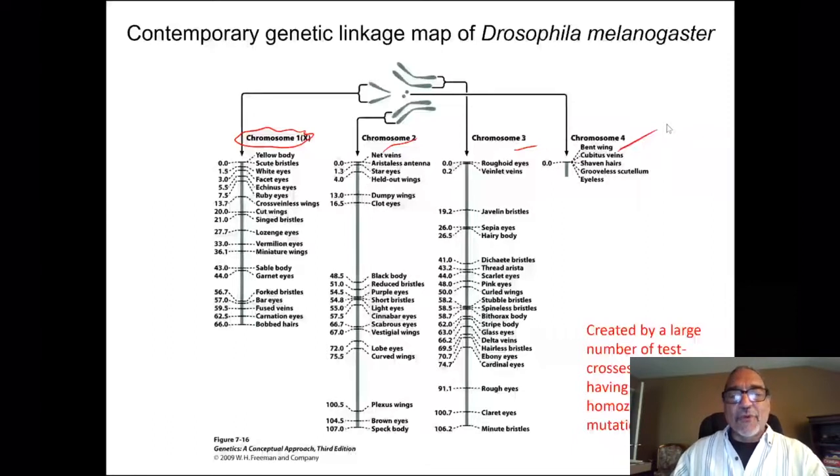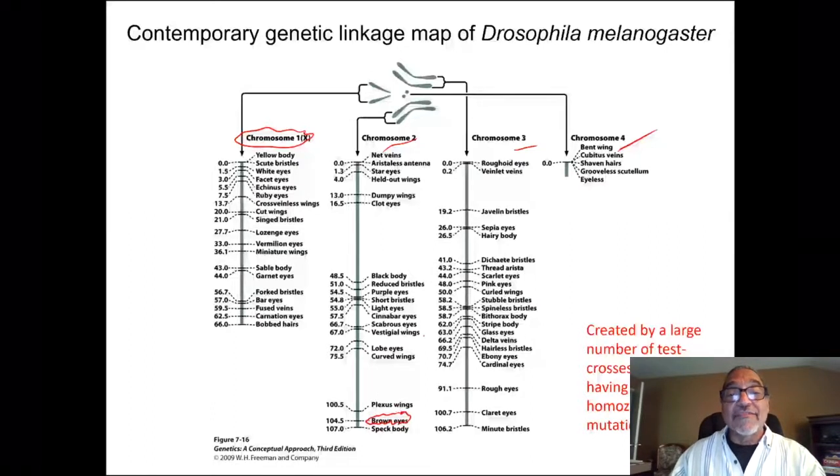So again, if we're actually going to do this in the laboratory by breeding Drosophila, think of how many triple mutants had to be used in order to calculate the recombination frequencies of all of these different mutations.